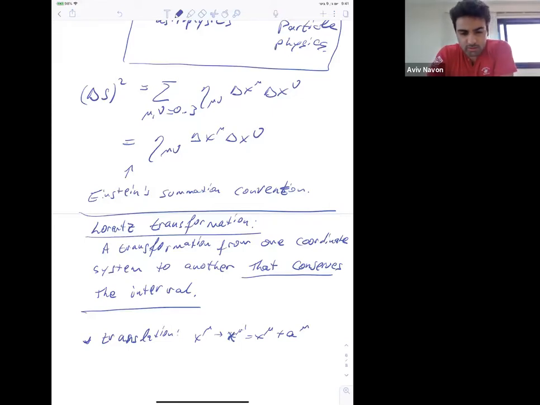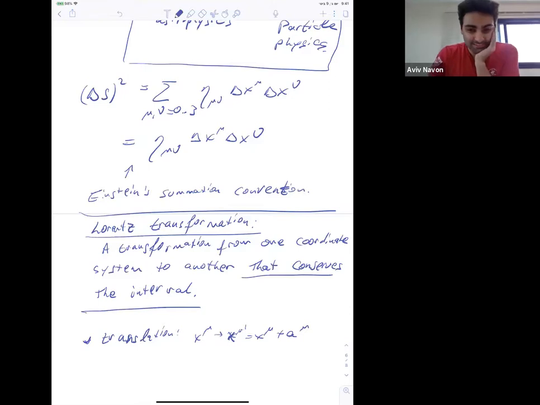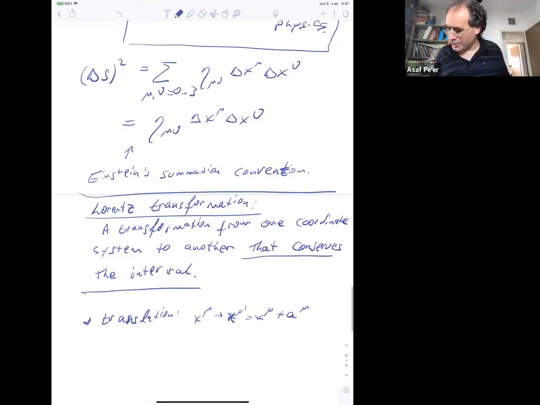Isn't there supposed to be a coefficient with the x mu to produce the x prime? This is a translation. Translation means that you're shifting the origin. This is one type, not the only type. Note my notation: I wrote x mu prime because, for example, x2 is y, so y prime would just be x2 prime.